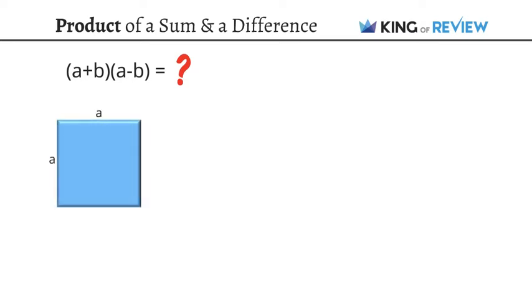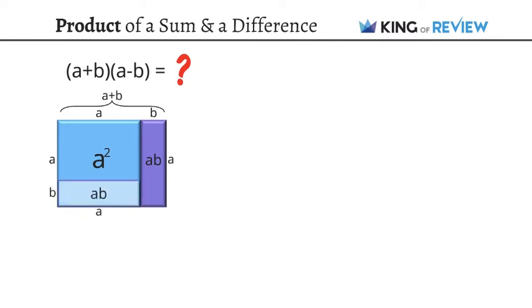Okay, here there is a square with each side a long, and the area is a squared. Now I added a rectangular brick with length a and width b to make this length a plus b. And I subtract the same rectangular brick to make this length a minus b, right?